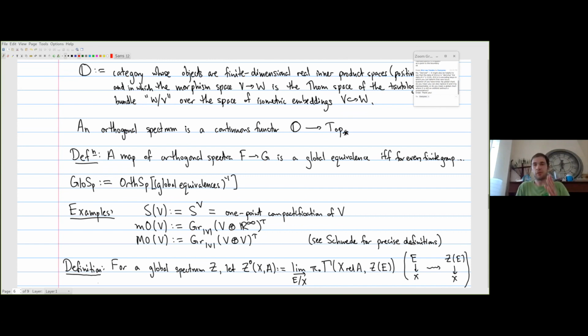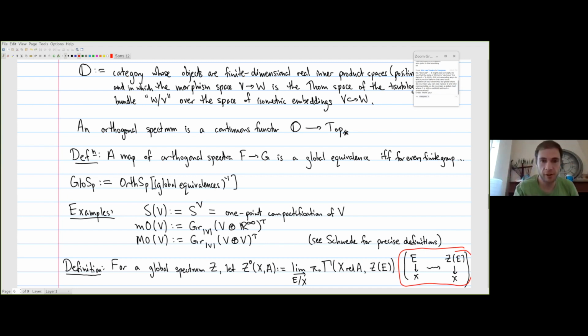So if I have an Orbispace and a vector bundle over it, what I can do is apply Z fiberwise. Z is an orthogonal spectrum. Z takes a vector space to a space, and it does so continuously.